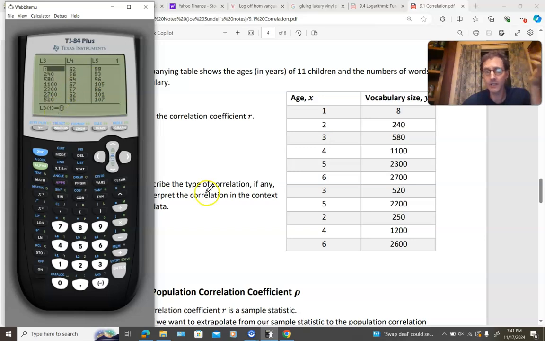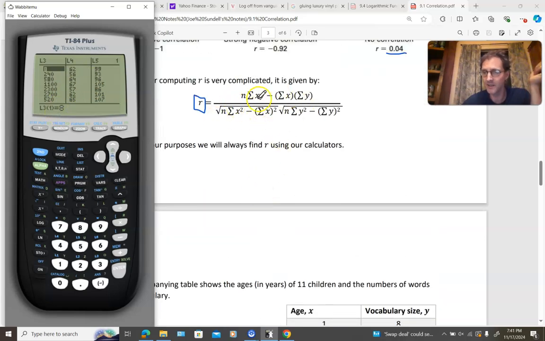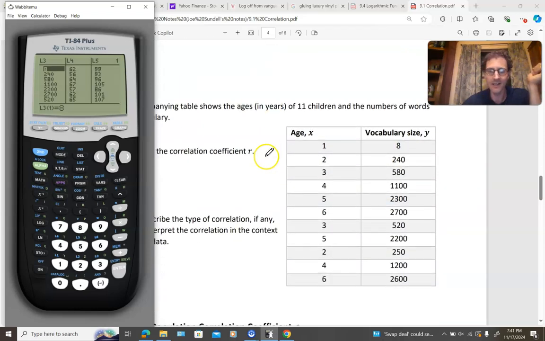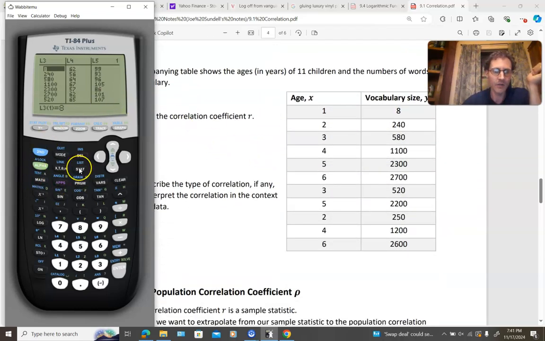Now we need to tell the calculator to basically perform this formula on all of this data. Okay, so the way you do that is you come over here to stat and you go to calculate, similar to the way you go to one variable statistics. Okay, but you scroll down to number 4 where it says linear regression, and you hit enter, and then whichever list you use for your x values, you make sure you've got that list in here, and whichever list you used for your y values, you want to have that one.